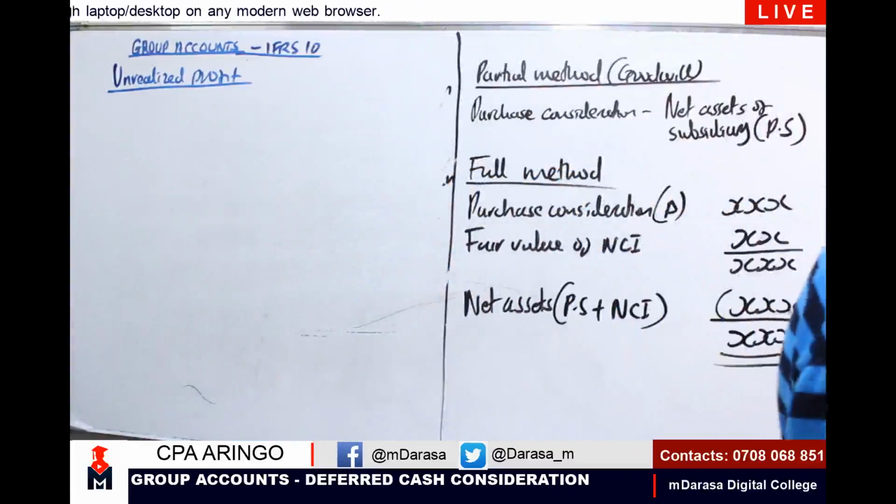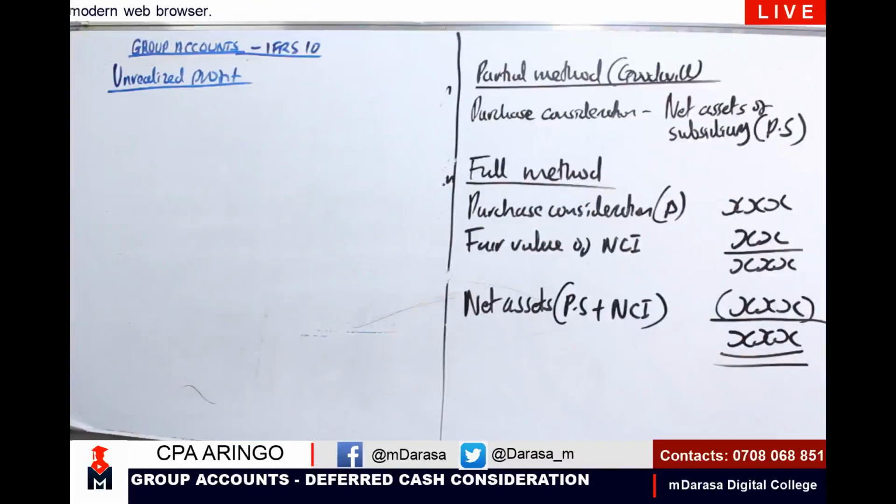So when we are talking of UPS, basically, what do we mean, my good students? UPS comes about when I have a parent selling an item to, say, a subsidiary, or the other way around, a subsidiary selling an item to a parent. And probably at the end of a particular period, these items are still in store.